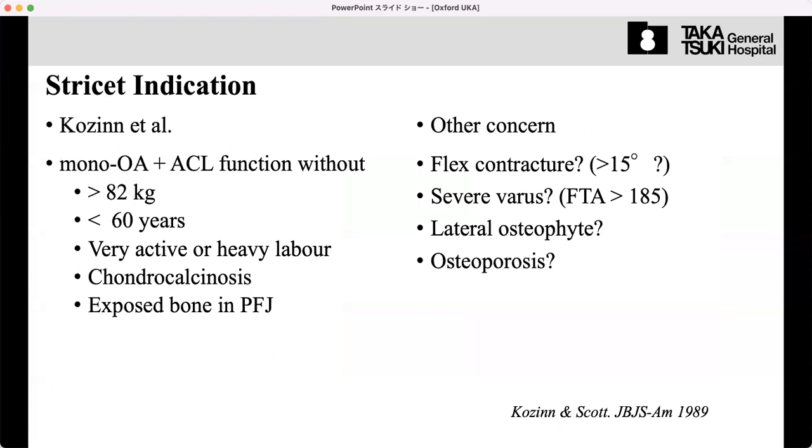But furthermore, in the field of fixed bearings, a strict indication has been believed.